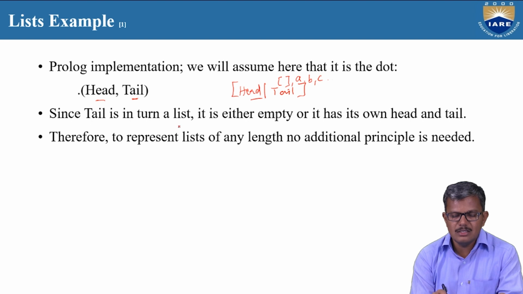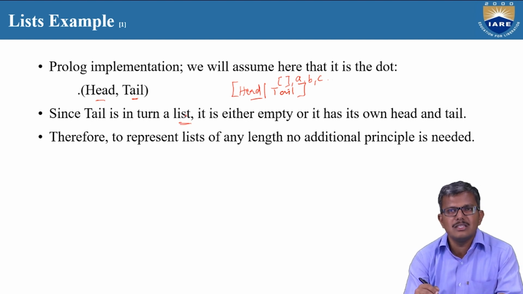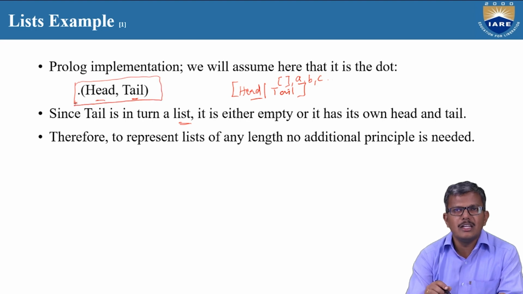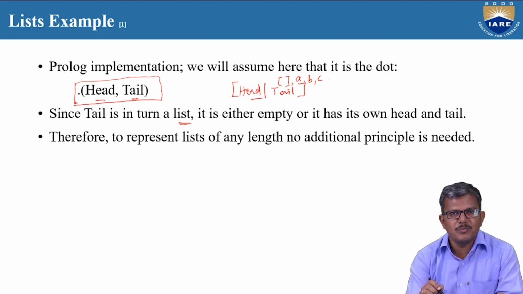Since the tail is in turn a list, that's why I am saying the tail is also going to be one kind of list. So this entire part is a list, and if you closely look into the tail, even this tail represents some kind of list.